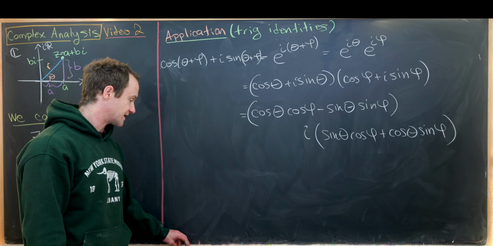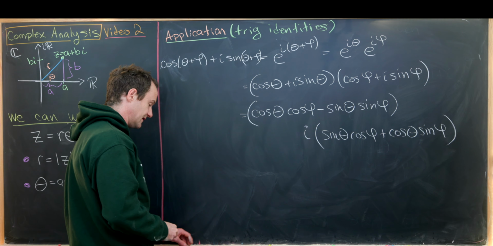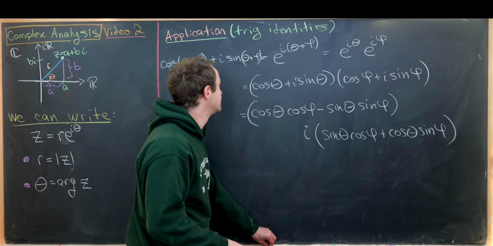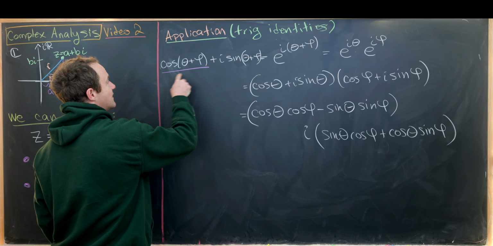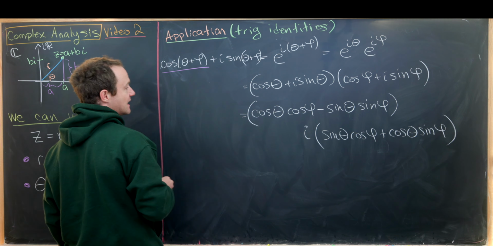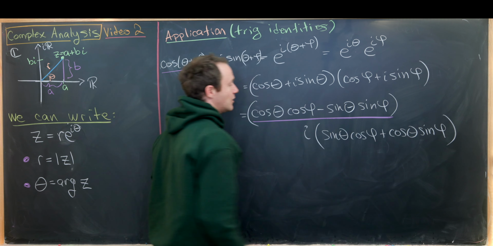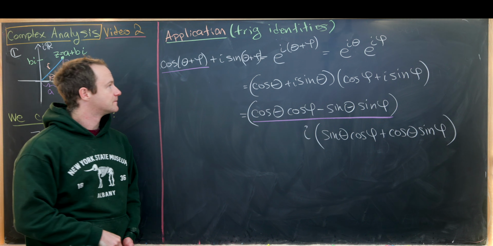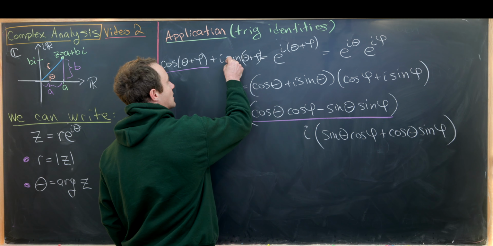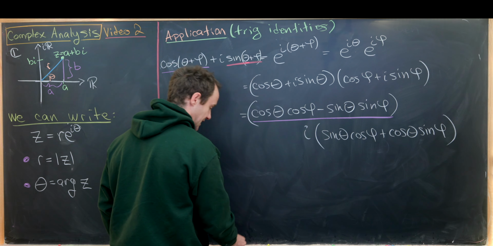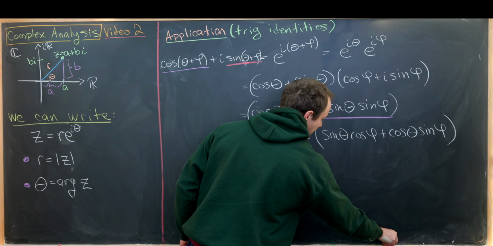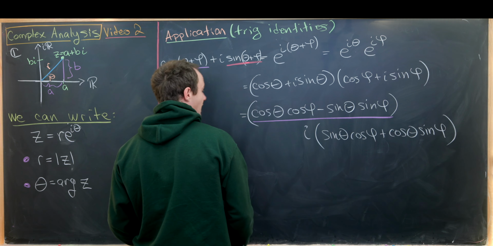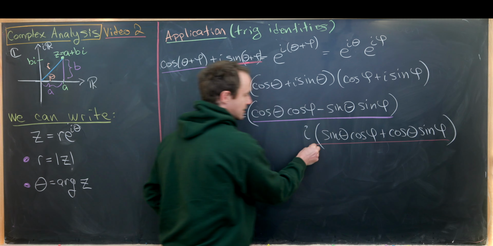And now we look at the extreme left and right hand side of this equation that we've just constructed. Notice that the real part is cosine theta plus phi, and then the real part over here is this. And finally, the imaginary part on the left hand side is this, sine theta plus phi, but then the imaginary part on the right is this thing right here.